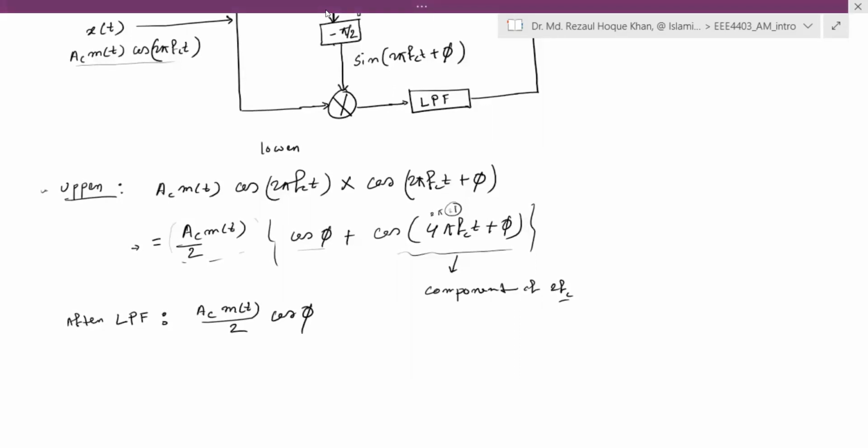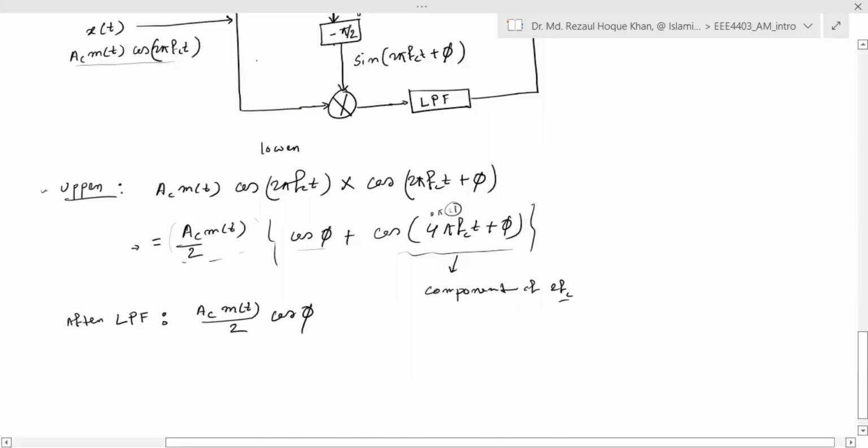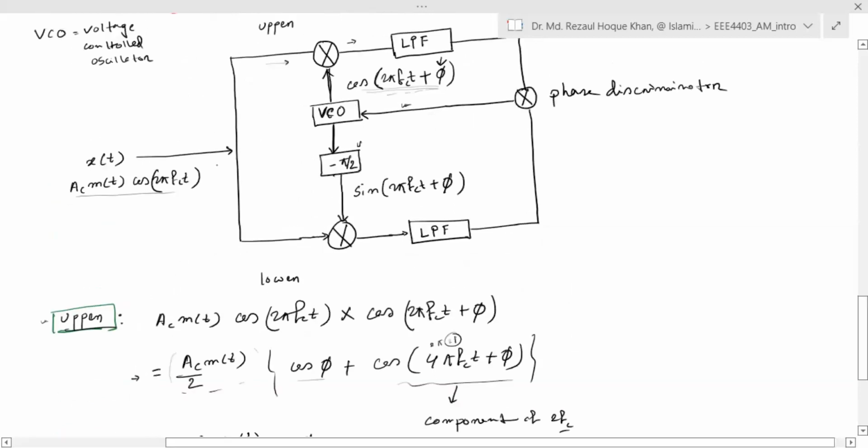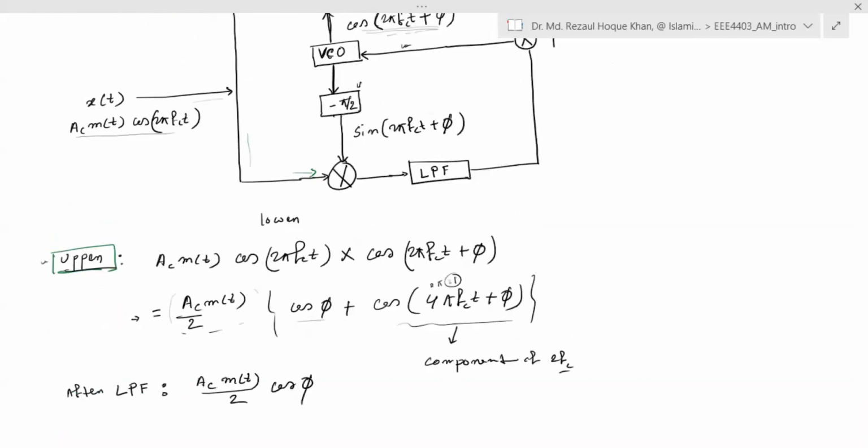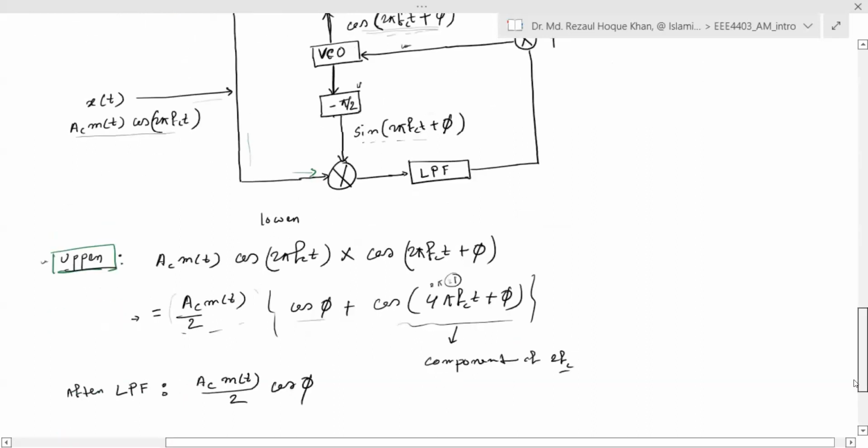Let's find what it is for the lower section. This signal goes through the lower part to the lower demodulator, where it is multiplied with sine instead of cos.